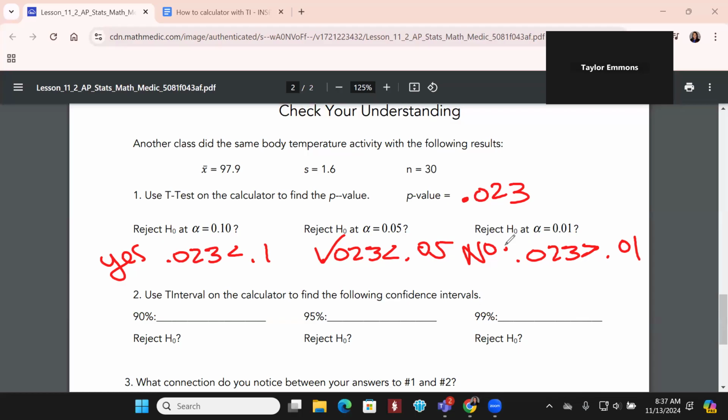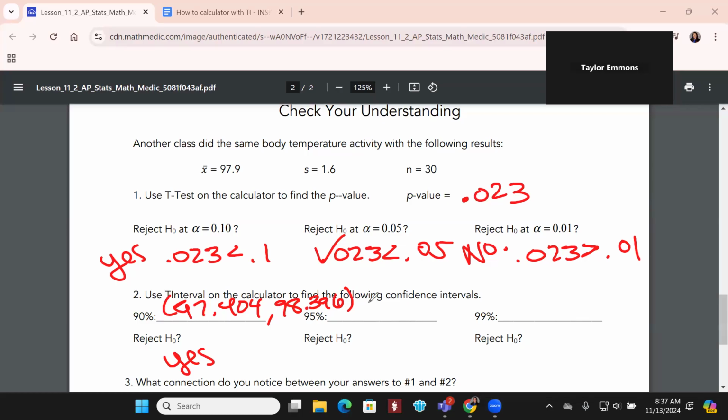As you change the confidence level, your interval is going to change. So when you do this, you should have gotten 97.404 to 98.396. We are going to reject the null.